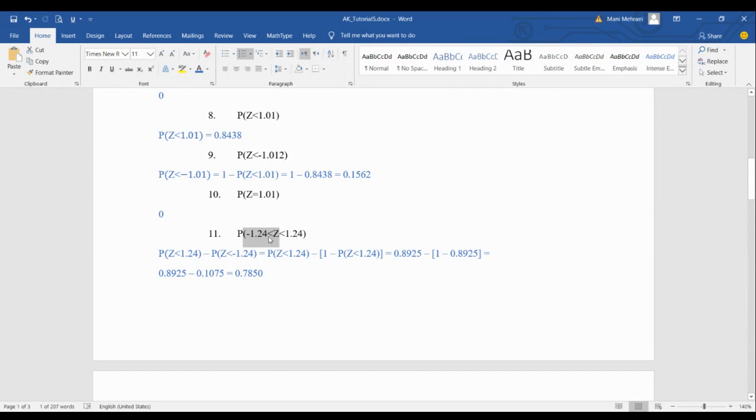If this one doesn't have equality, so here we should have equality. But since it's a normal distribution, this is a continuous distribution. That's why it doesn't really matter. We know that the equality probabilities are almost equal to 0. Okay, so here you can see we just calculated it, and this is the final answer.